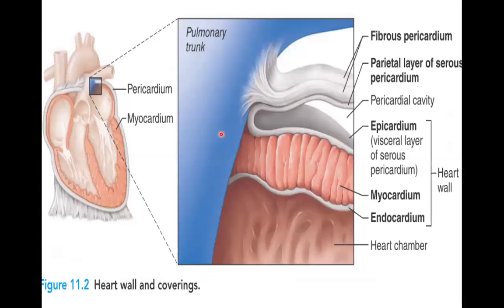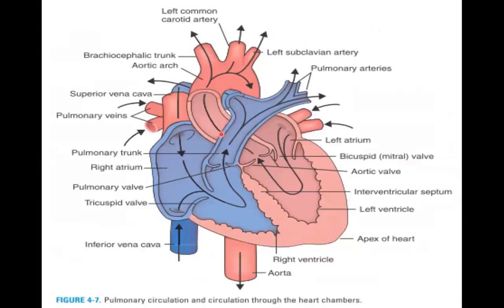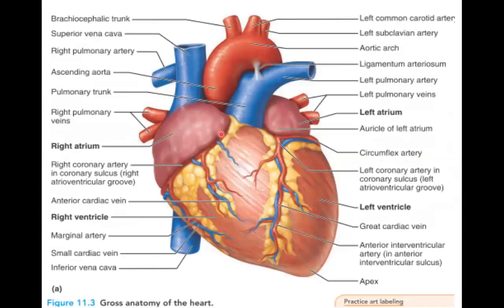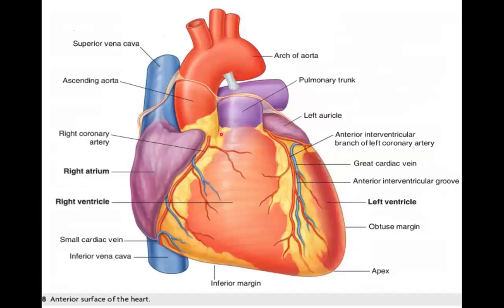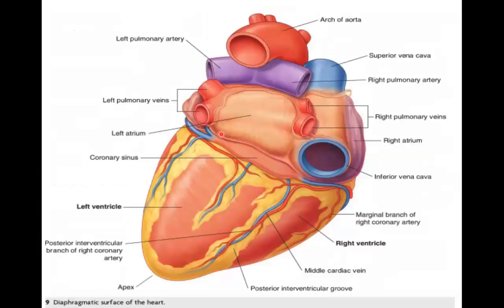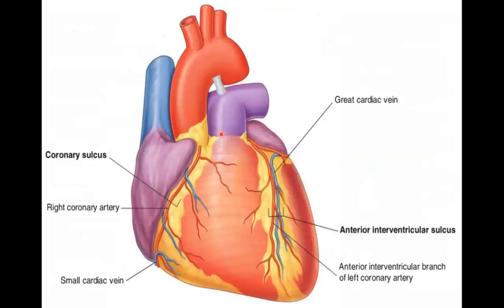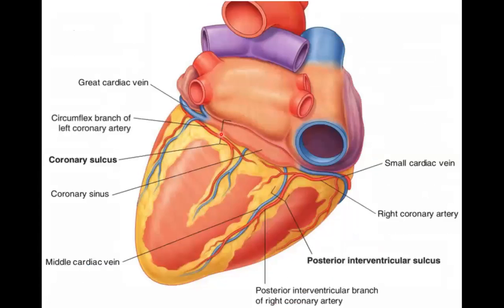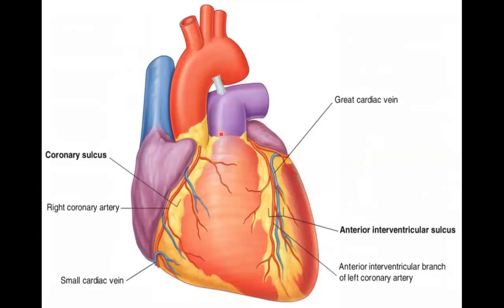The azygous vein: in the thoracic region, we have the azygous system, azygous and hemiazygous system, which will be given as a lecture on its own. It's a plexus of veins in the thoracic cavity.